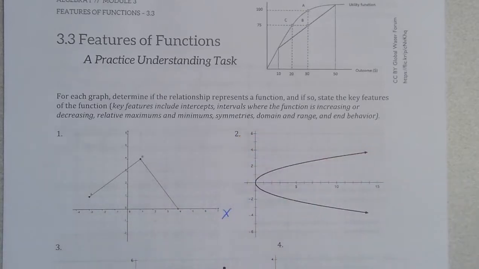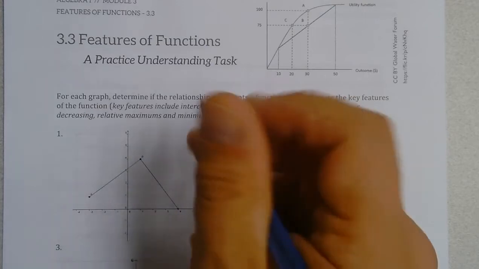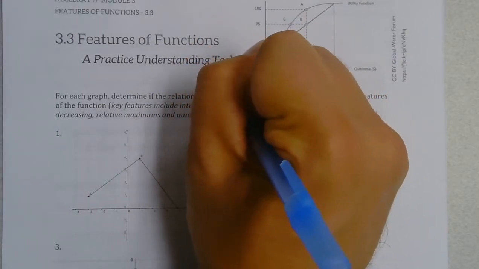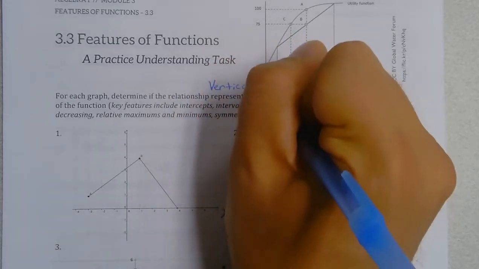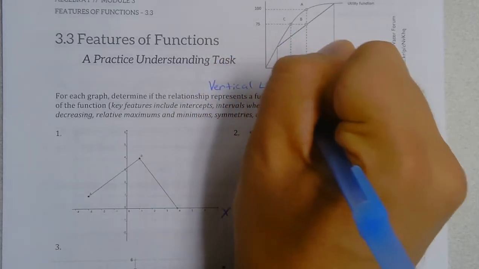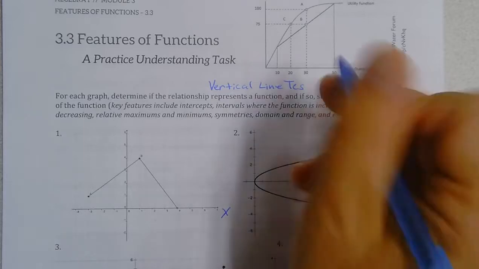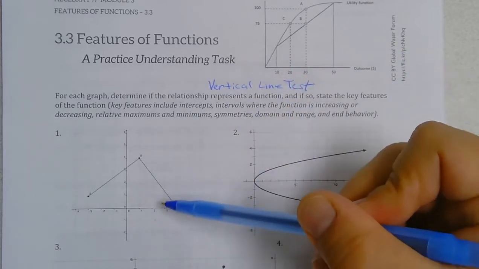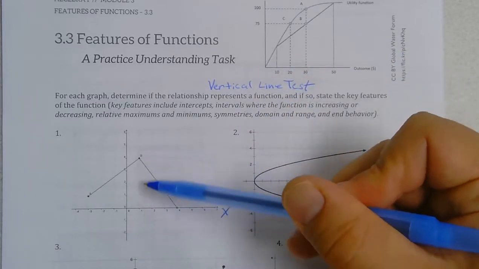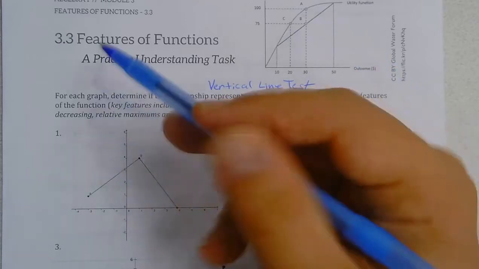have one output. So on a graph, to test for a function, we look at what's called the vertical line test. And the vertical line test says if I draw a vertical line through any x value of the function, it's only going to touch the graph once.